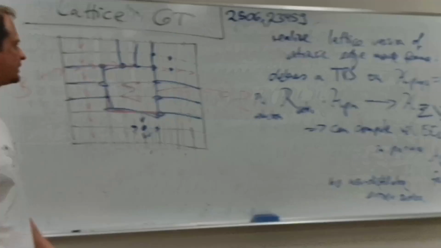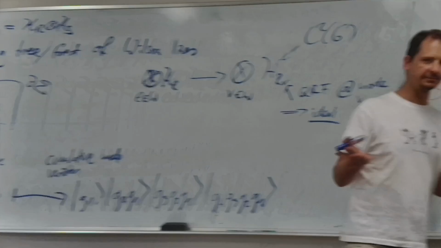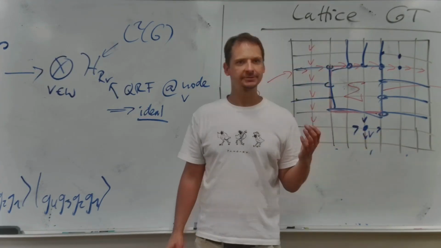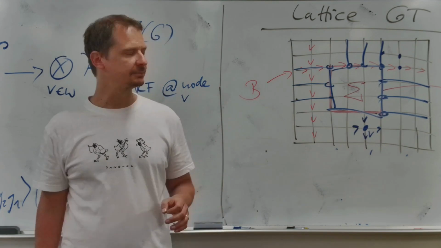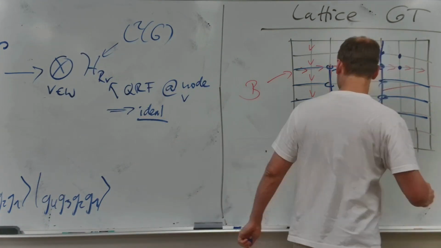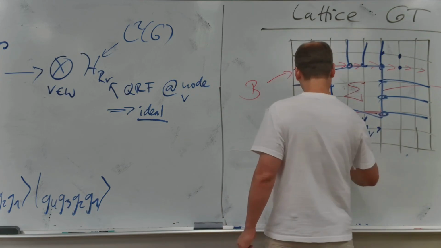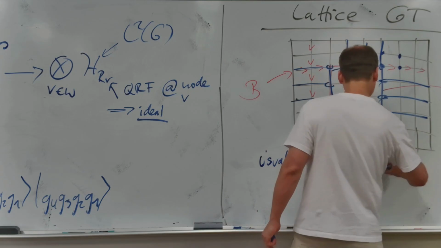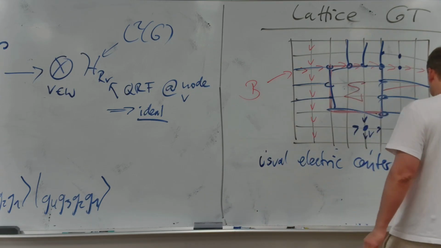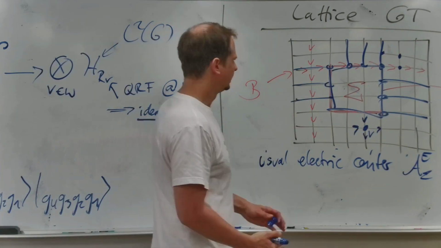Okay? But now to connect with the usual stories, if some of you are familiar with it, how do you recover these electric and magnetic center constructions that people have usually constructed? It turns out that, for instance, the usual electric center algebra, it's called A sigma E, you can define that at the gauge invariant level. What is that?